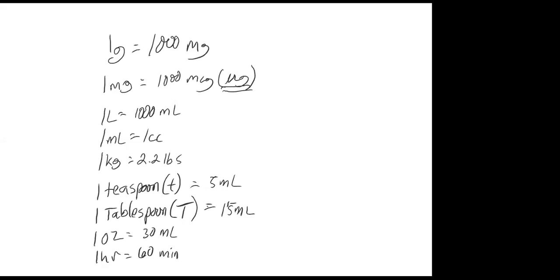Is that ug? Well, it's not u. It's the Greek letter mu, but it looks like a u. And then the 1 milliliter is 1 what? Is that cc or L? cc. What's that, please? cc means cubic centimeters. Cubic, yeah. Okay, thank you.